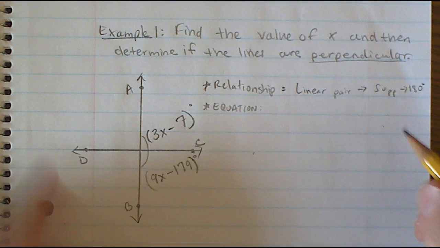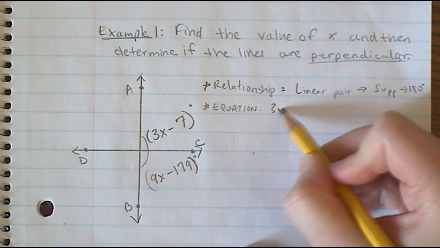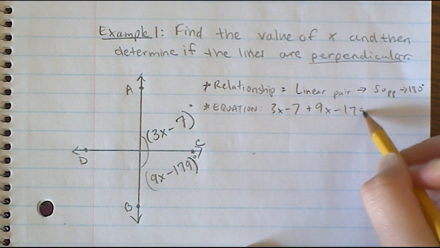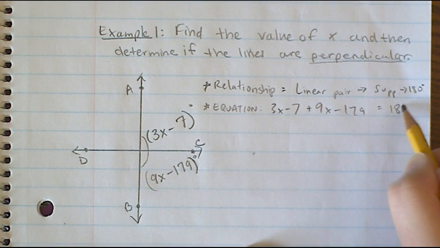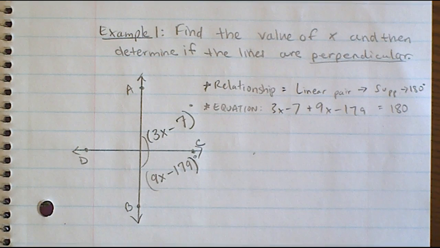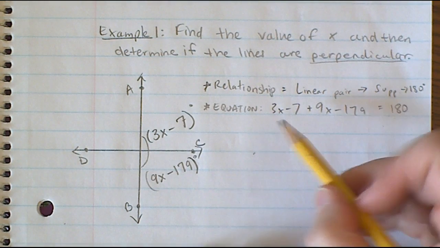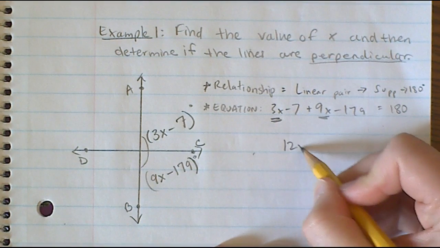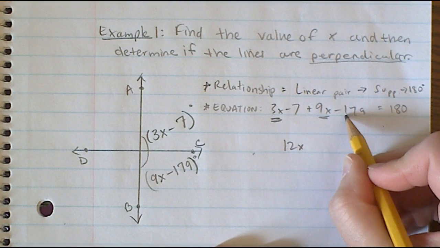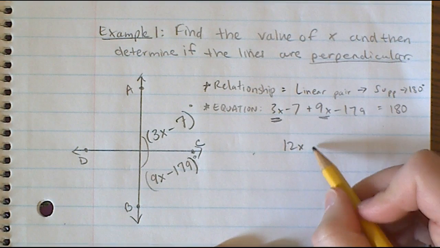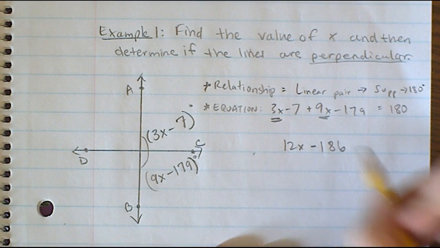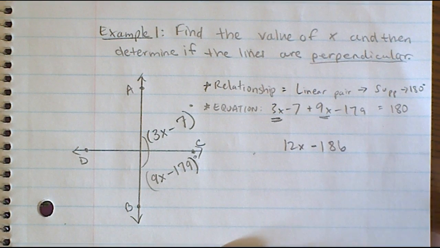So my equation is going to read 3x minus 7 plus 9x minus 179 must equal 180 degrees. Now I'm going to combine my like terms. So 3x and 9x give me 12x. Negative 179 minus 7 gives me a negative 186. So that must equal 180 degrees.